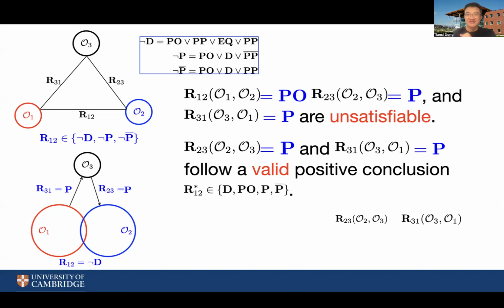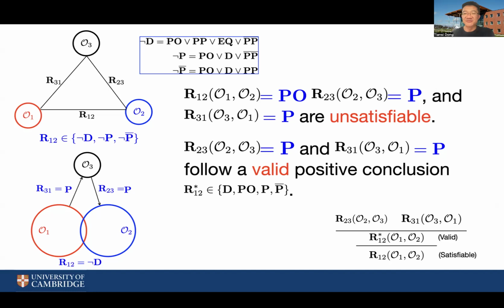This means if we start from O3, it will deduce a valid relation, and what we have is the satisfiable relation. A valid relation is stronger than a satisfiable relation, so this naturally follows the satisfiable relation.